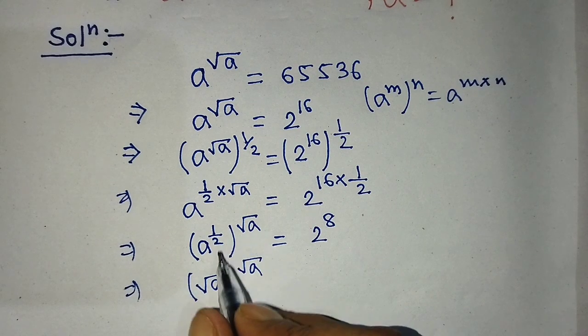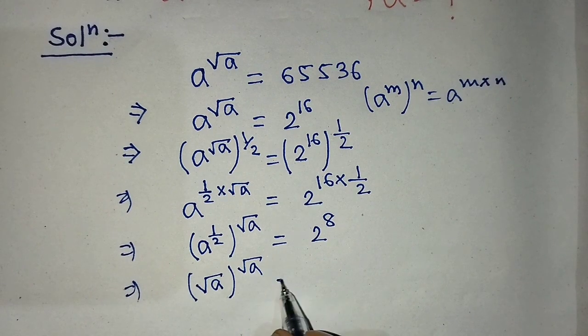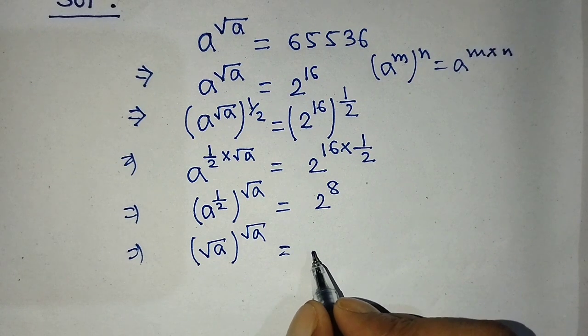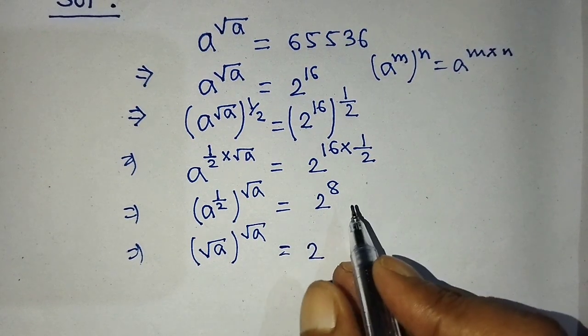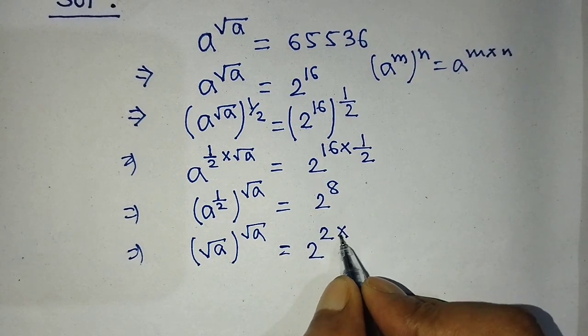So we can write from this exponential form root over of a to the power root over of a is equal to, so student, again we have to write the base 2, and in the place of 8 we have to write 2 into 4.